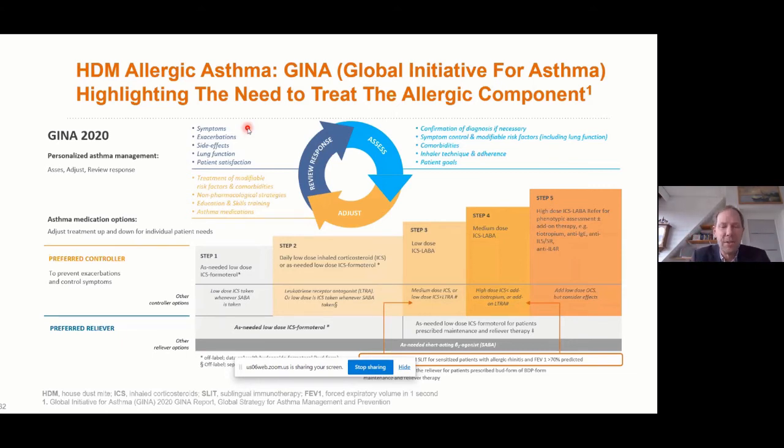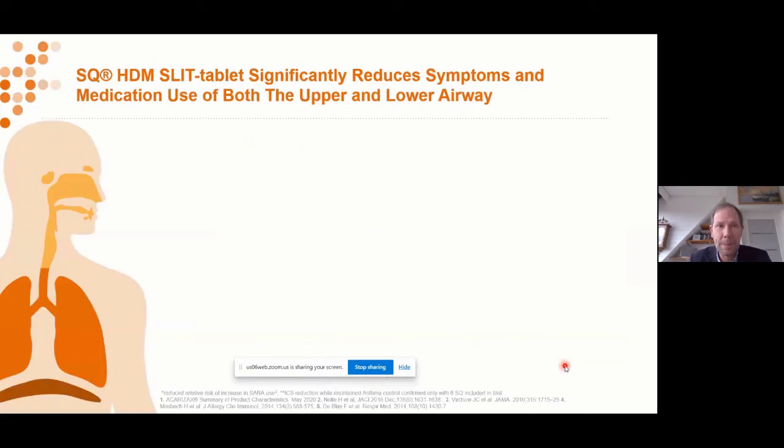And in 2017, for the very first time, GINA mentioned that for patients with house dust mite allergy, house dust mite SLIT should be considered for sensitized patients with allergic rhinitis and an FEV1 above 70%. So for the very first time, GINA recommended house dust mite sublingual immunotherapy based on the study data that I just showed to you.